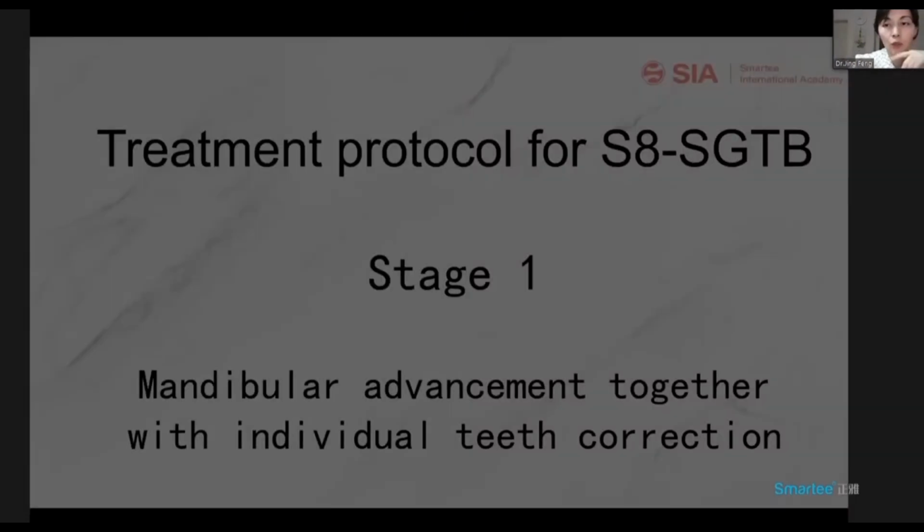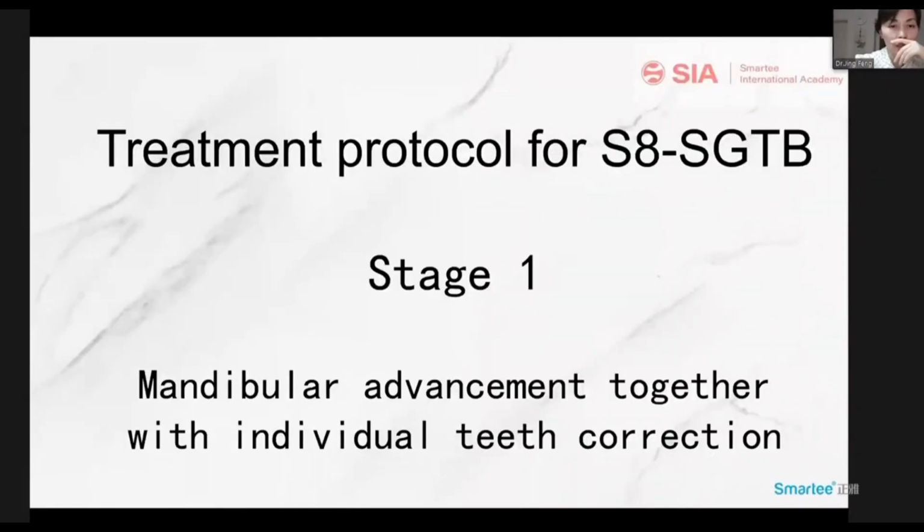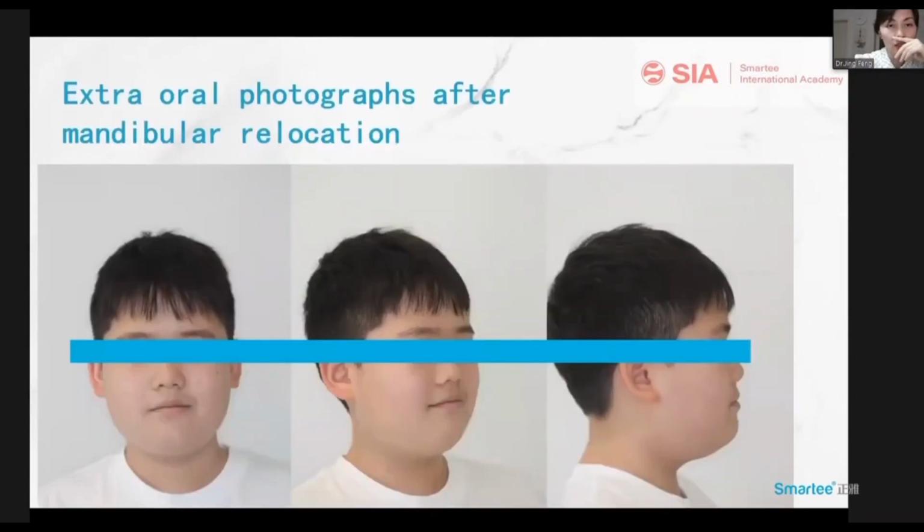Treatment protocol for S8. Okay, stage 1, mandibular advancement together with individual teeth correction. That's the picture after mandibular relocation. We move the lower jaw forward and partially correct the lower chin point.